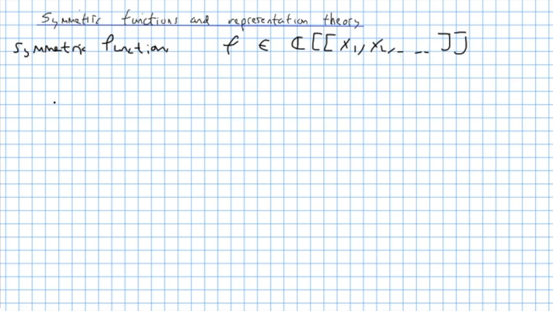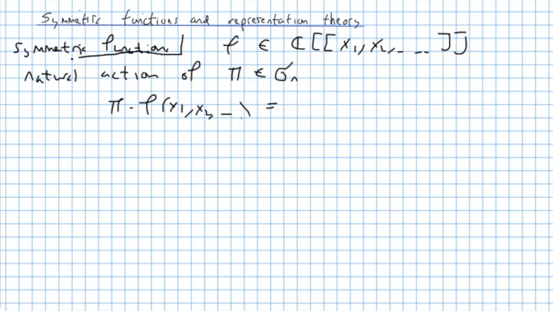Okay, so when you have such a function, there's a natural action of the symmetric group. Namely, if you have your multivariate power series, we let the permutation act by just permuting the variables.